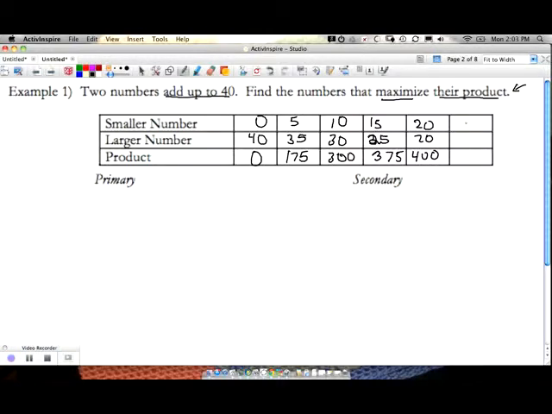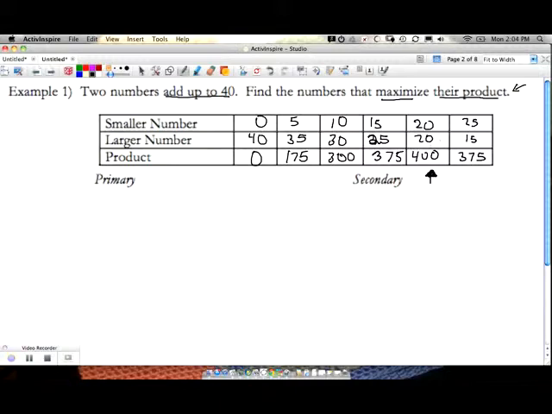Once one number becomes too big, the products are going to go down. If I were to pick 25, then the other would be 15, and the product 375. It really looks like this 400 is our maximum here.